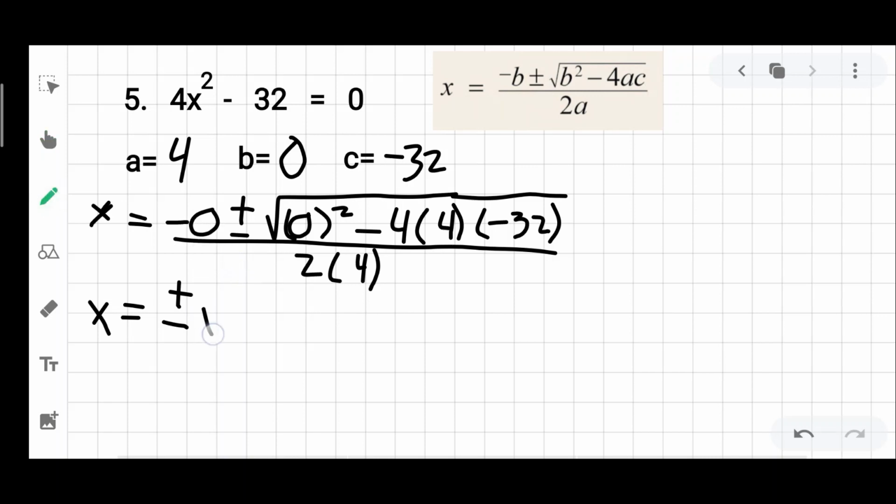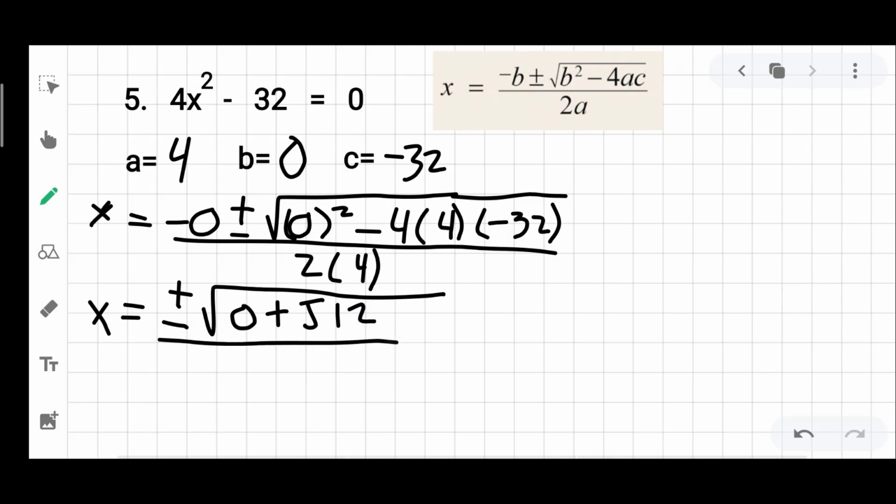So, next, square root of 0 times 0 is 0. Negative 4 times 4, the answer is negative 16. And negative 16 times negative 32 is positive 512.